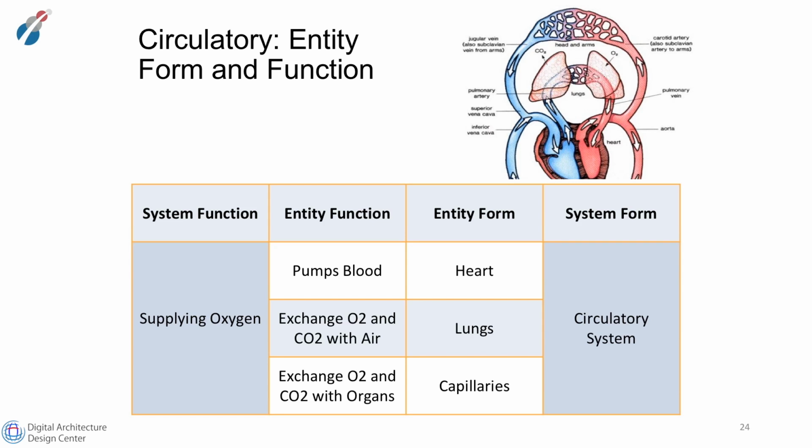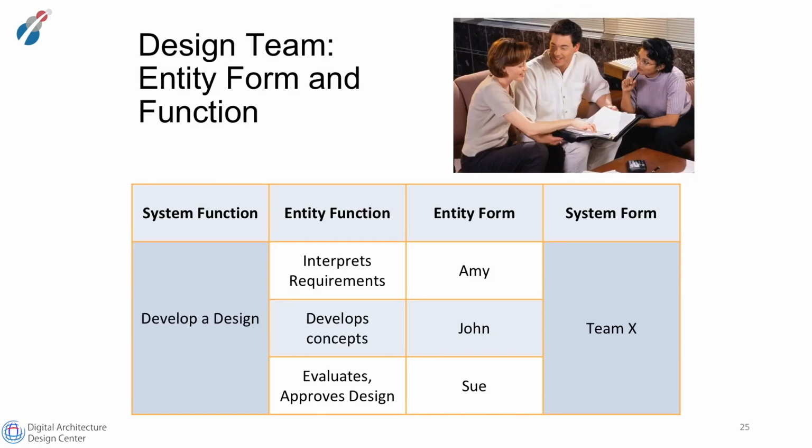And of course, we could go much, much more detailed. We could have 2, 3, 4, 5 or more levels of decomposition until we arrive at very small and very basic entities or building blocks of systems. And then our team, of course, is made up of individuals. So in this case, Amy, John, and Sue.